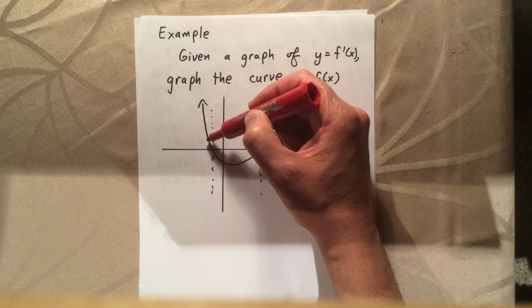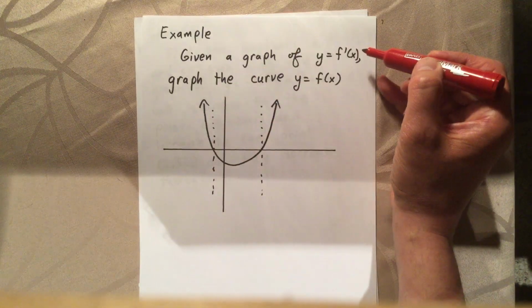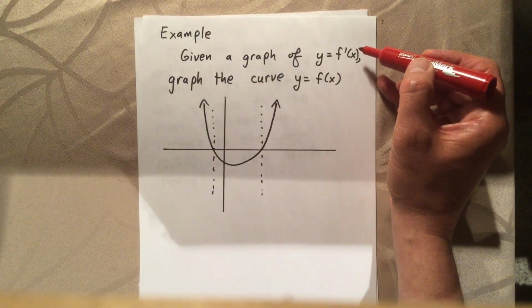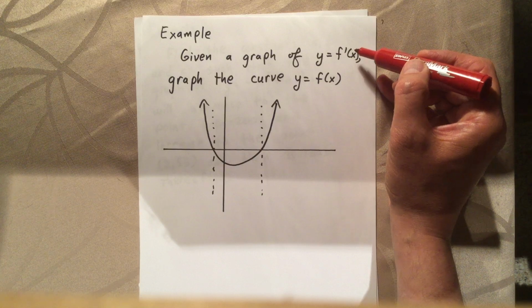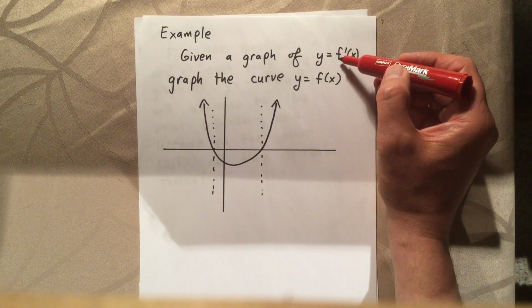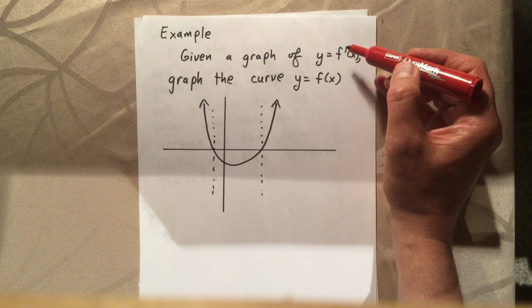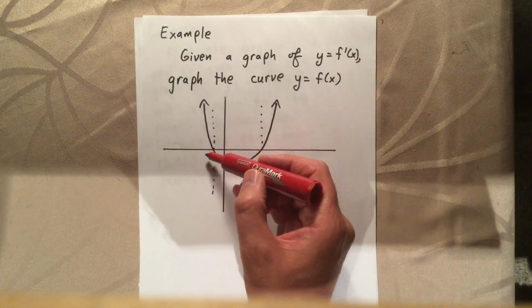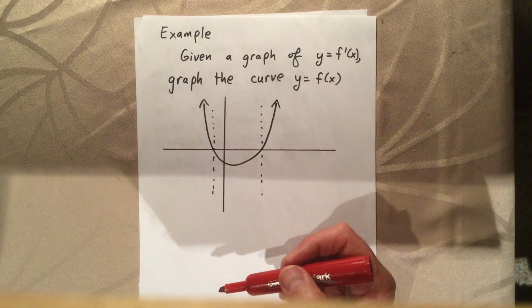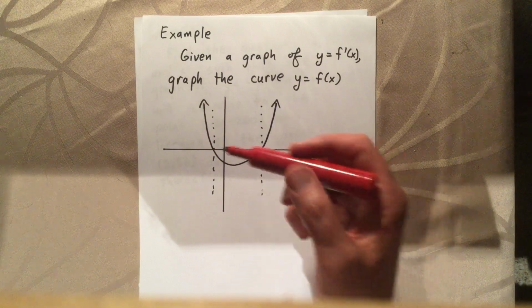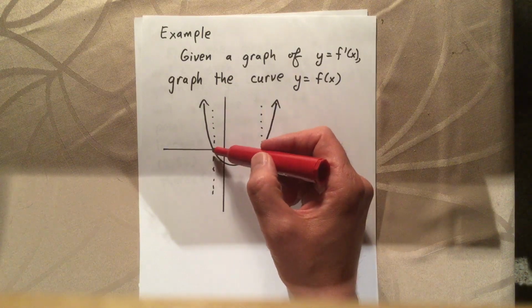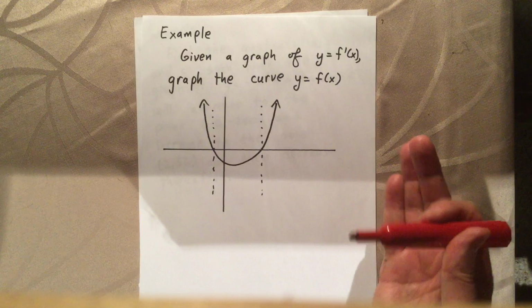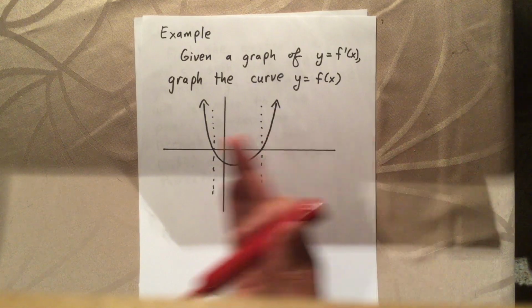If these y values are positive and they represent the first derivative, they're telling me that the first derivative has positive values for all the numbers to the left of -1.